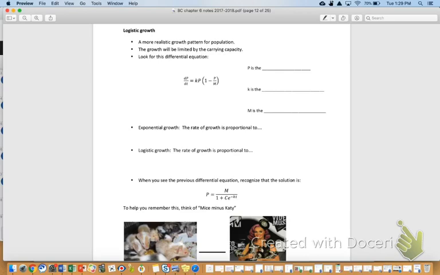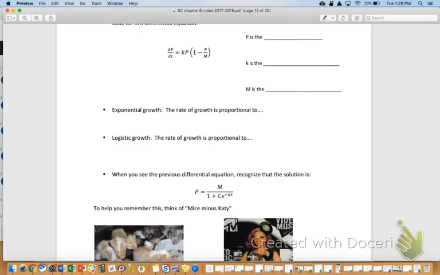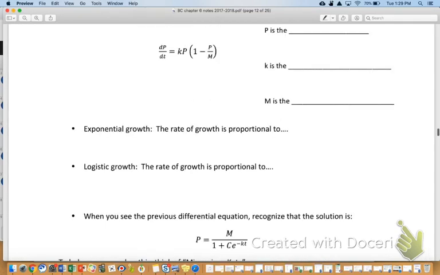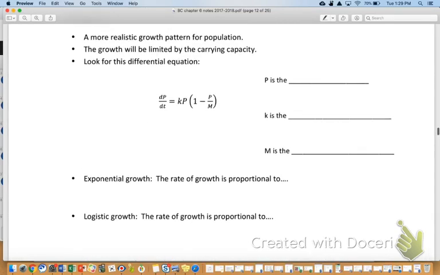So here we go. I kind of referenced this earlier with the bunnies. People joke that they multiply exponentially. And the truth is, for a while, it seems like, yes, indeed, they do.